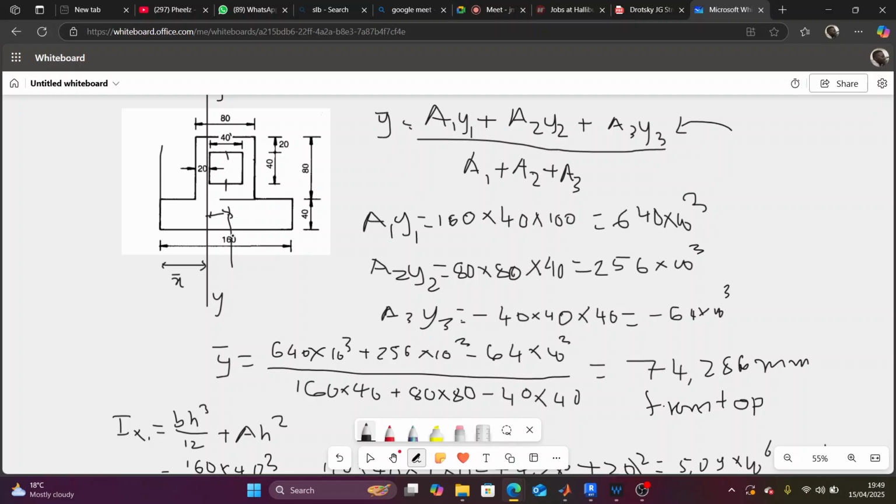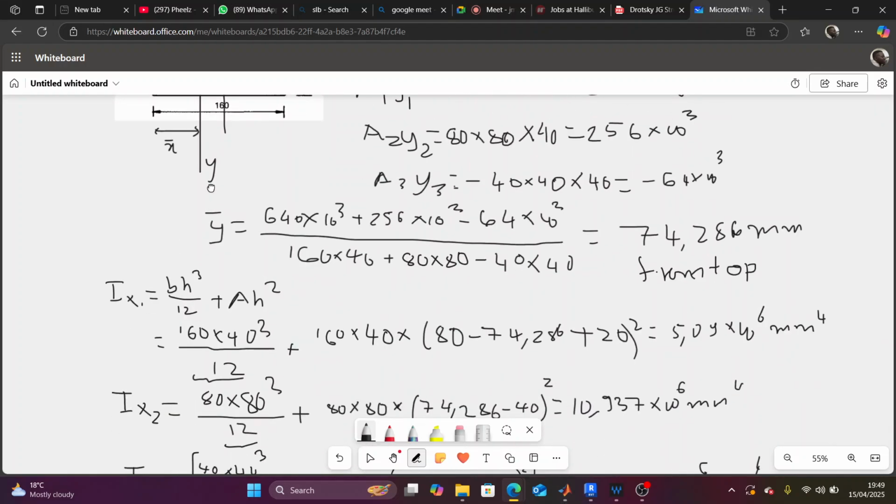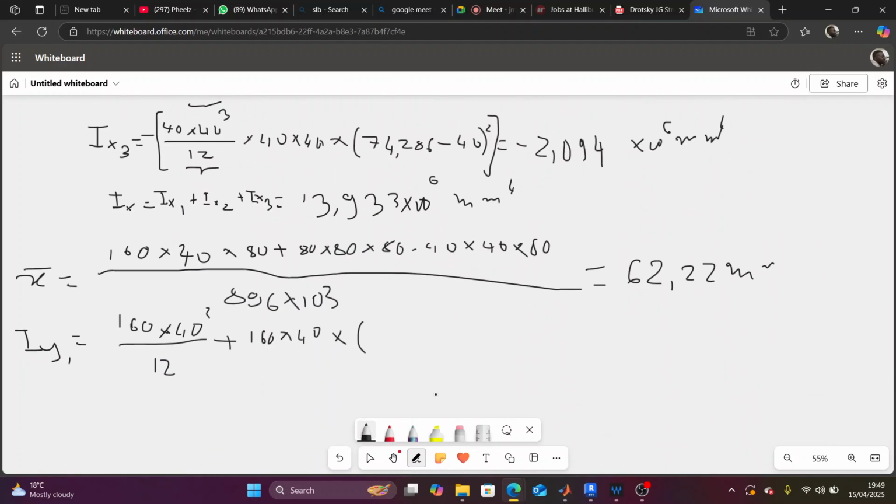It's going to be HE minus x bar, because at the middle here it's HE. What is that distance here? It is first HE minus 62.22.